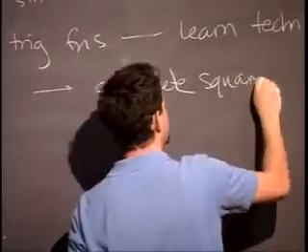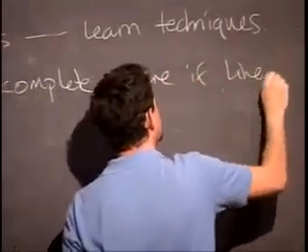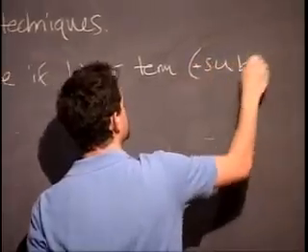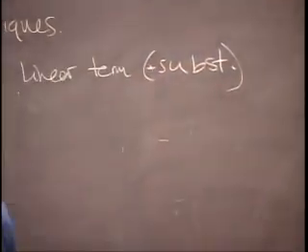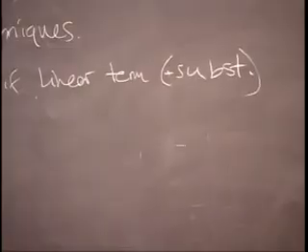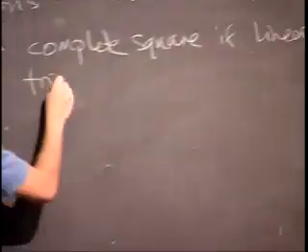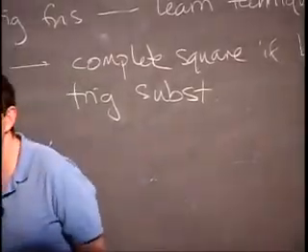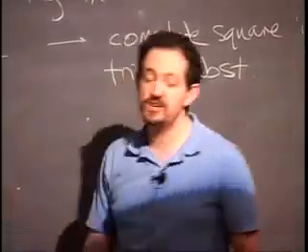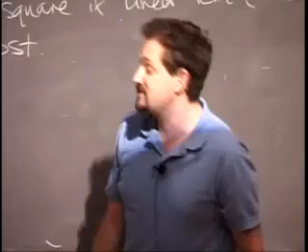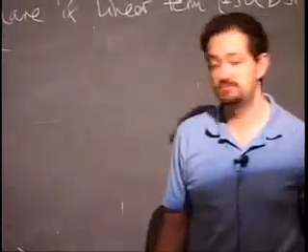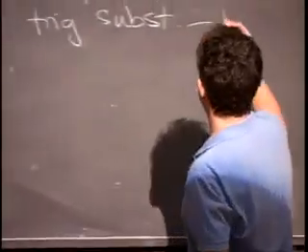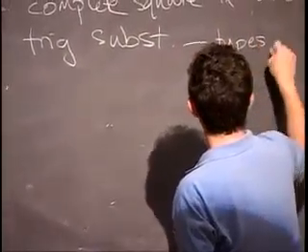If there's a linear term, then substitute, just as we did a few minutes ago. And trig substitution is probably what you want. Again, you will have checked, following down this sort of vague checklist here, that there is no obvious substitution. Because if there is, you should do that instead of the trig substitution. And of course here you've got to know your types and your templates.